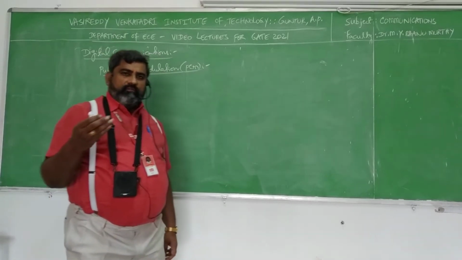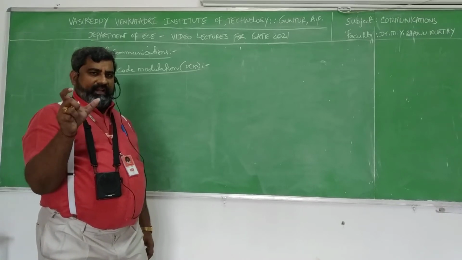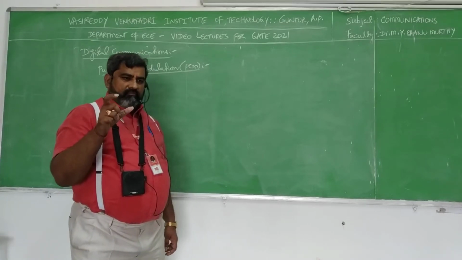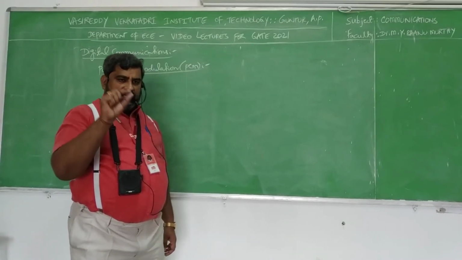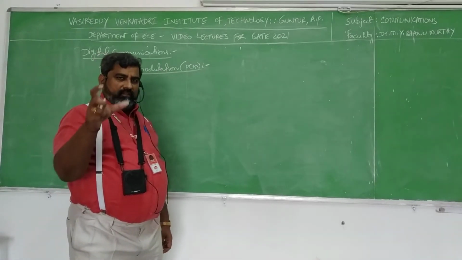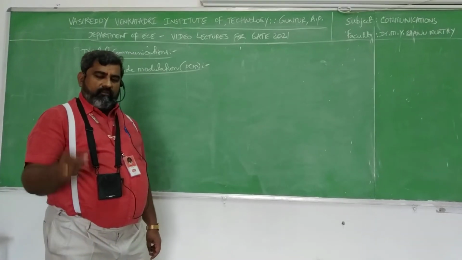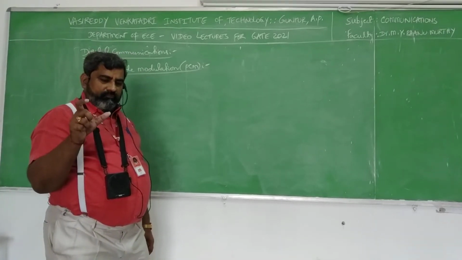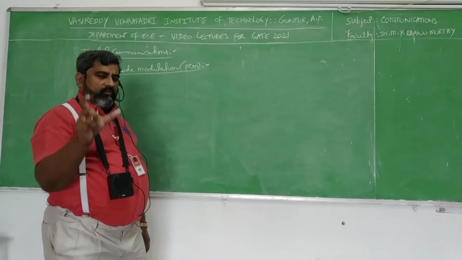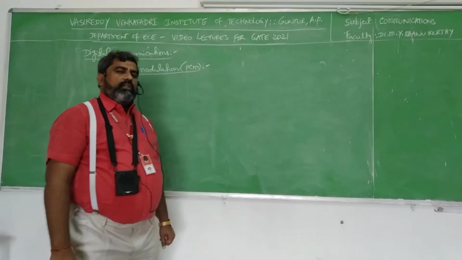Earlier we used to have tape recorders and audio cassettes. An audio cassette contains a reel, and whenever a new film was released, the audio cassettes would be released, with three songs on the A side and three songs on the B side, six songs in one cassette. You put it inside the tape recorder and then you play it.